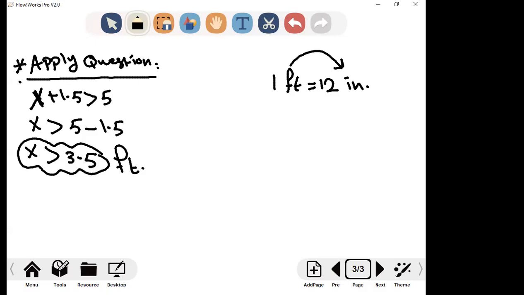Multiply. Each 1 foot equals 12 inches. So 2 feet, 24 inches. 3 feet, 36 inches, right? So 3.5 feet, I will multiply 3.5 by 12 to turn feet to inches. 3.5 times 12 will be 42 inches.